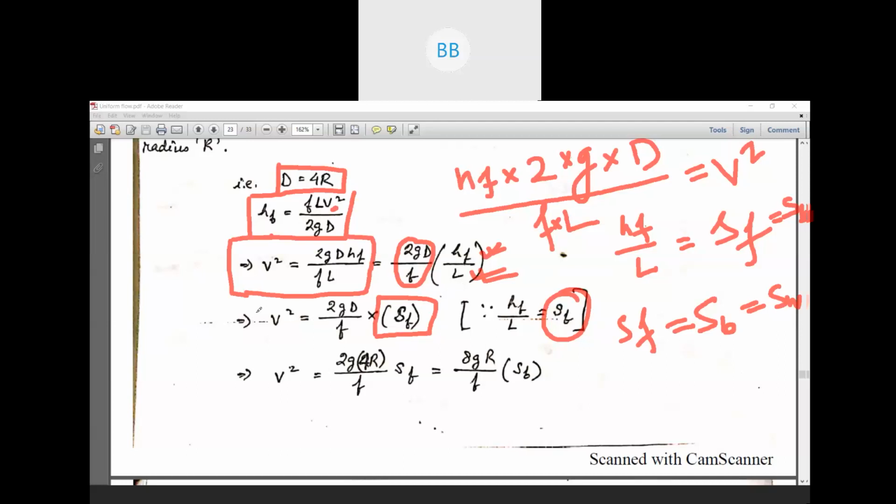So you can write this expression next. Everything will be the same, only in place of hf by L you are going to write friction slope, since hf by L is equal to Sf, that is your friction slope.